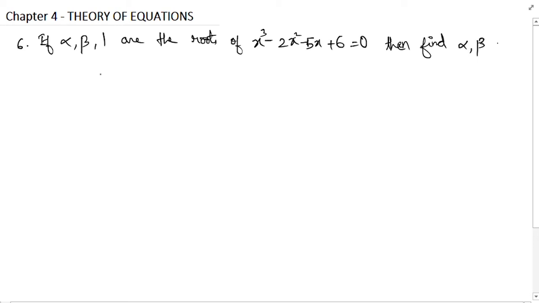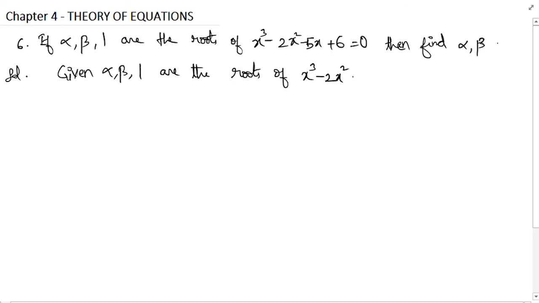Okay, so the sixth one, if alpha, beta and 1 are the roots of the equation given, then find alpha and beta. So we have to find the values of alpha and beta here. It's given that alpha, beta and 1 are the roots of the equation x cube minus 2x square minus 5x plus 6 is equal to 0.